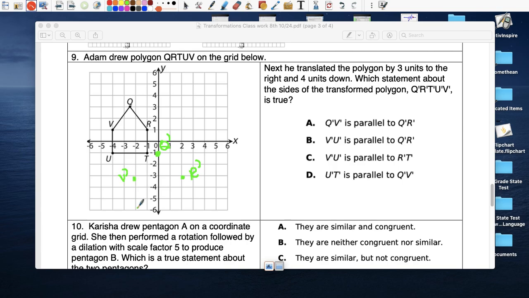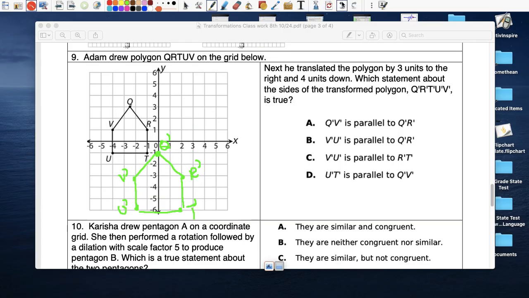U prime is going to be here. And T prime is going to be here. So the exact same shape. Oops, T prime is going to be here. So if I connect everything, I get the same.